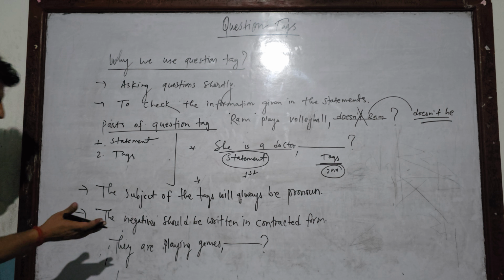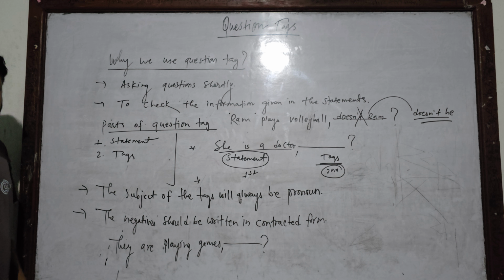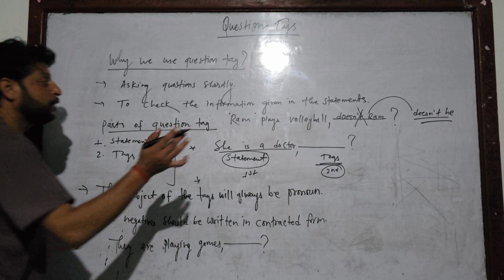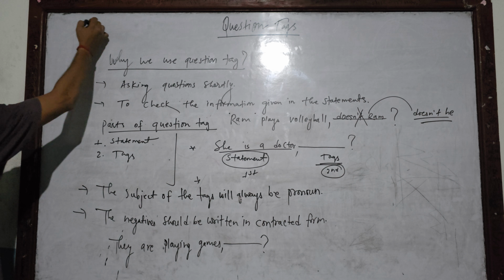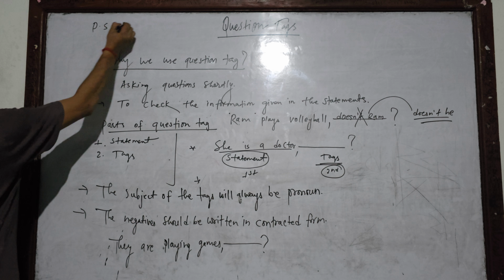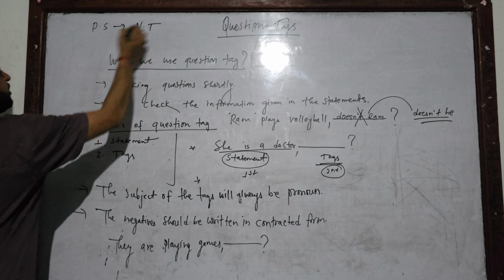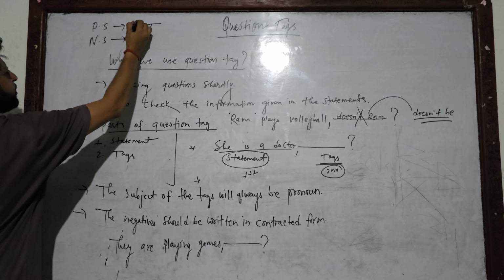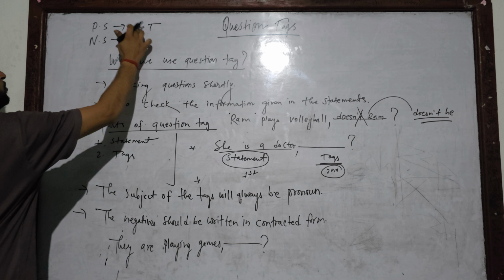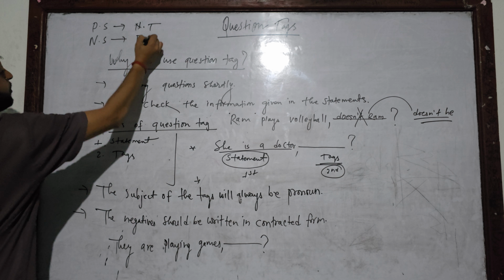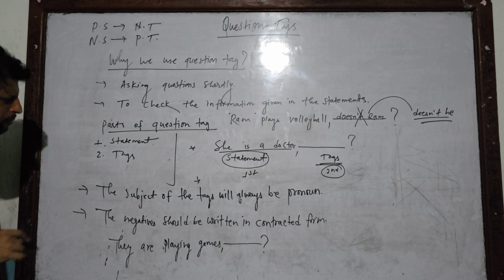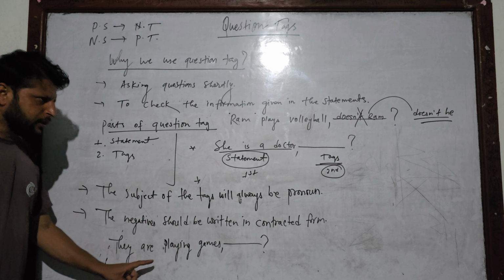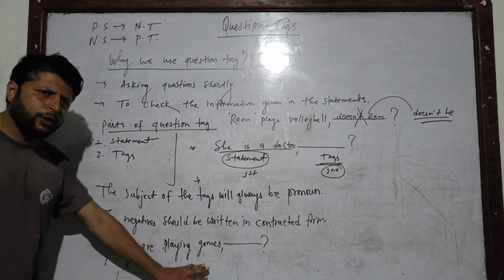So this is a positive statement, right? Positive statement should be changed into negative tags. So this is the main mantra. Positive statement should be changed into negative tags. Negative statement should be changed into positive tags.